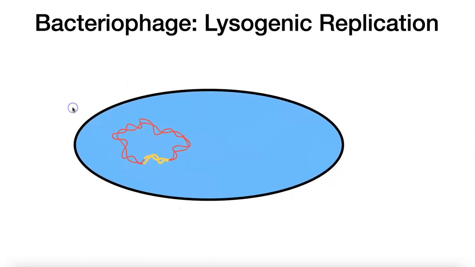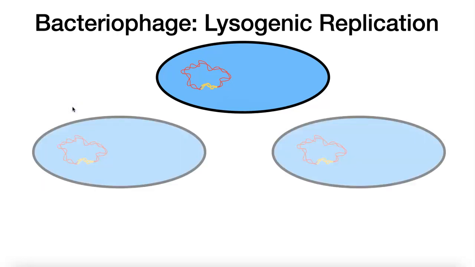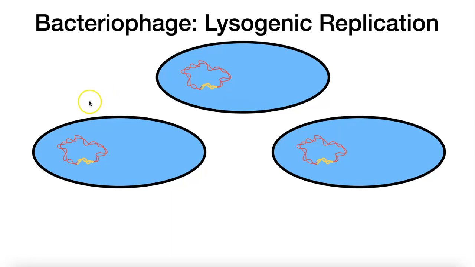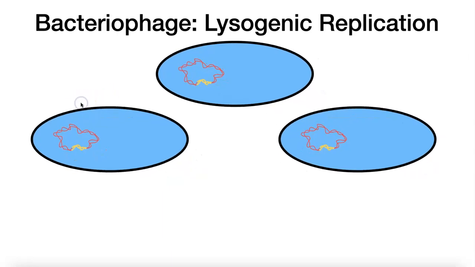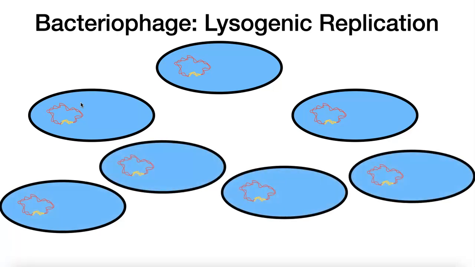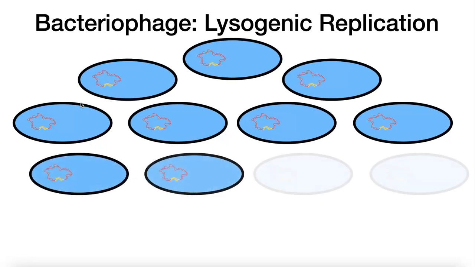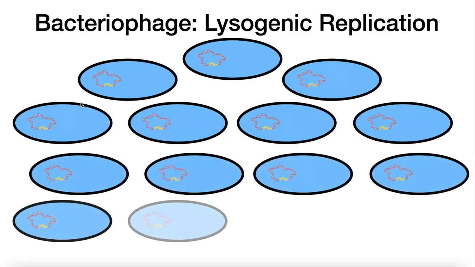And what then happens, as we've discussed many times, bacteria do something quite well, which is they divide by binary fission. So that one cell splits into two, and this continues through multiple rounds of binary fission. So two cells split into four, and this continues over and over again until you can have many, many descendant cells.